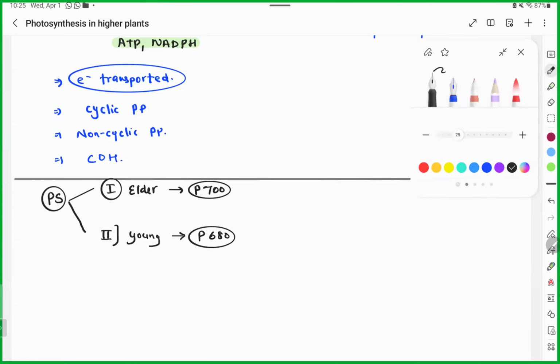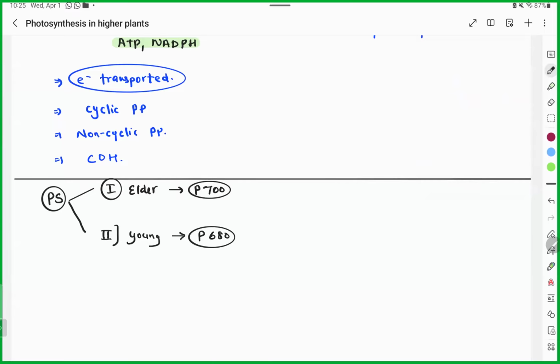What does it mean? If you have light up to 680 nanometer, then photosystem 2 can process it. Photosystem 1 can also process it. If you have light like 640 nanometer, both photosystem 1 and 2 will act.